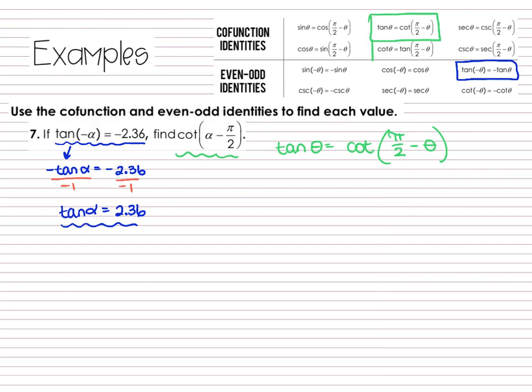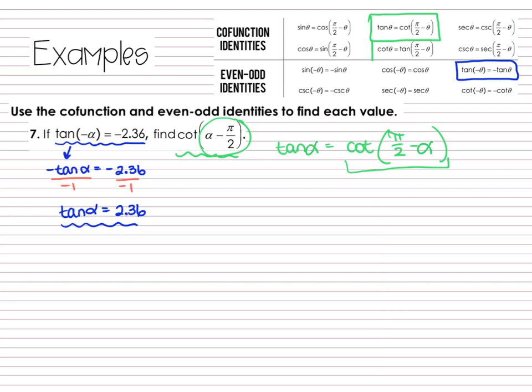That doesn't match. Cotan of pi over 2 minus theta does not match alpha minus pi over 2, not the variable, but the order in which they're written. I'll make this alpha to make it easier. So the tan of alpha, which is what we're using in this problem, is equal to the cotan of pi over 2 minus alpha. But what we're asked to find is alpha minus pi over 2.